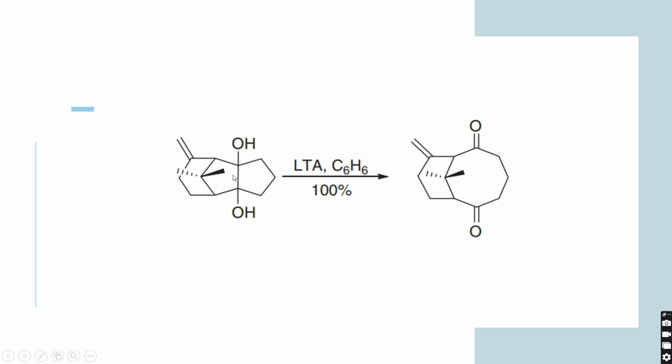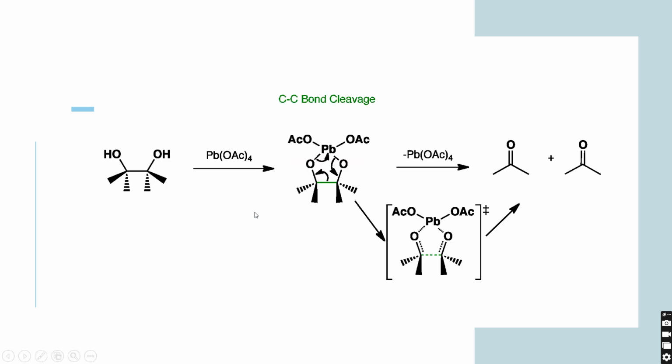Basically this carbon-carbon bond, which contains the hydroxy substituents, is going to break to give us this 8-membered ring along with the oxidation of the hydroxy groups. This is the mechanism involved with the lead tetraacetate reagent. It is well known for carbon-carbon bond cleavage of diols.